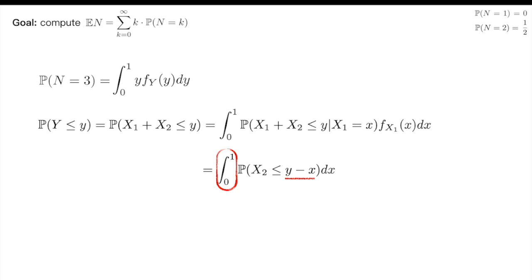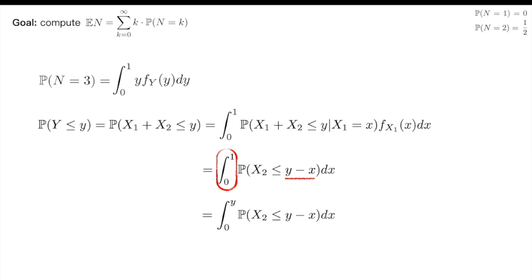X2 being smaller than a negative number won't happen. So we can shrink our integral from 0 to 1 to 0 to y, because when small x exceeds y, x2 is required to be smaller than some negative number, and this is impossible. The probability is 0. We just ignore it.